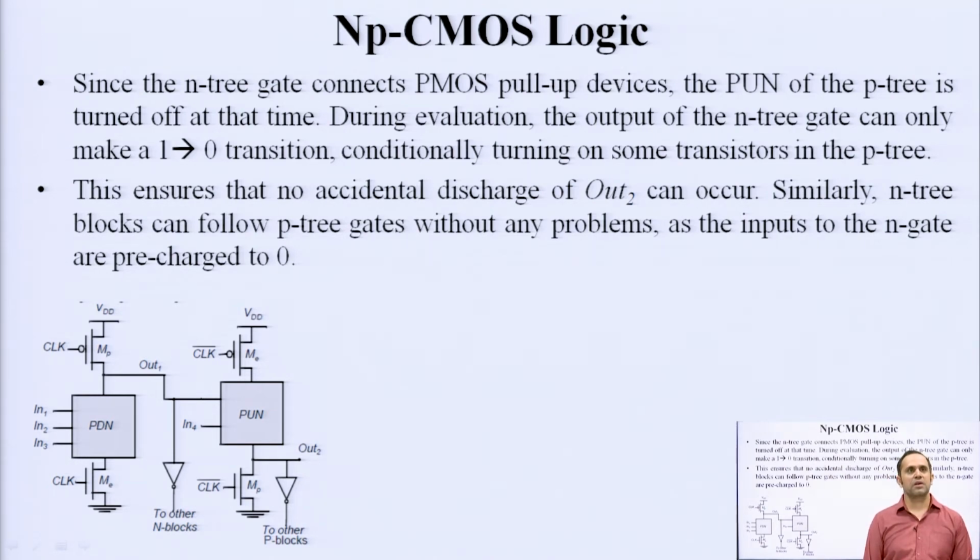And similar N tree blocks can follow P type gates without any problem, as inputs to the N gates are pre-charged to 0. So this was how np-CMOS logic works. In addition to domino logic, with the added advantage that no extra inverter between successive stages is required, np-CMOS logic tries to solve the problem of cascading.